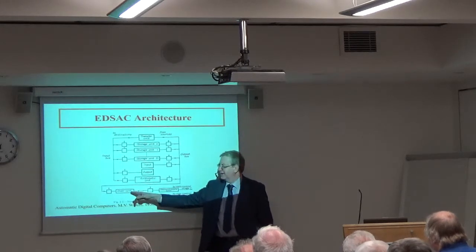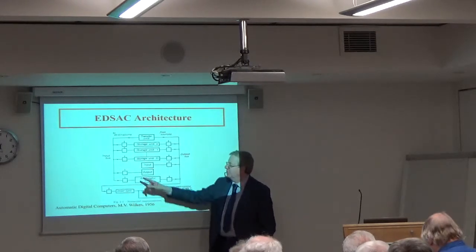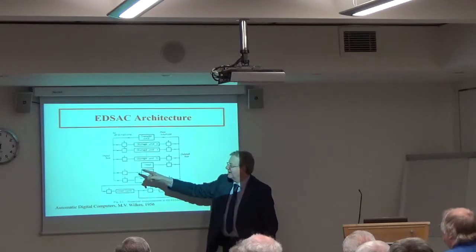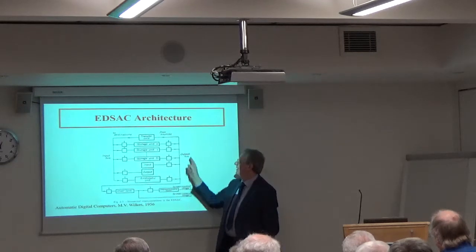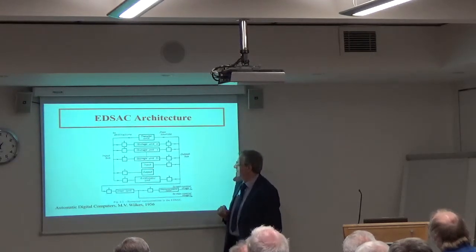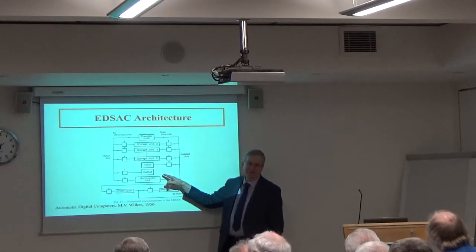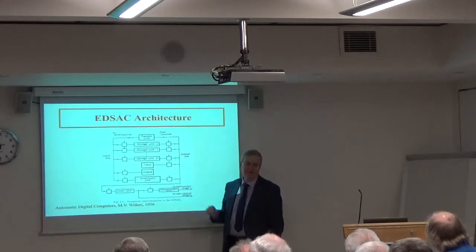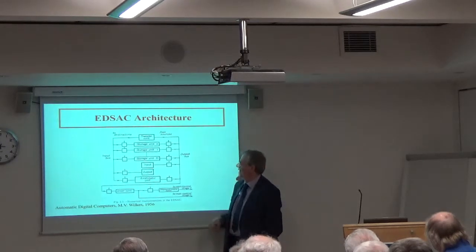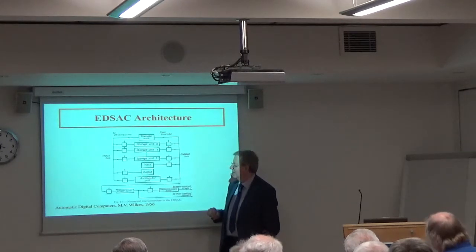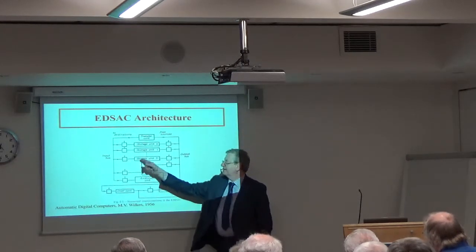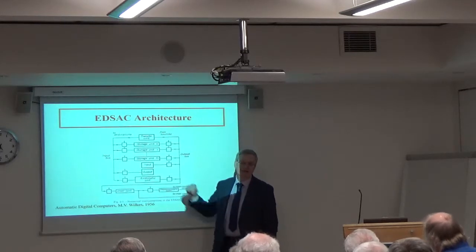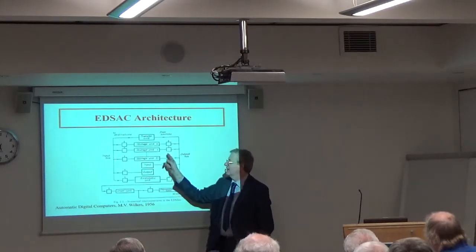Main control decodes the current order and opens and shuts gates, taking input from the input bus through some functional unit and putting it on the output bus as required. The arithmetic unit operates as an autonomous subsystem. You give it a number and say, add this to the accumulator, or multiply the accumulator by this. Output to teleprinter, input from paper tape. The storage system is itself circulating, it's a delay line, and so data is going around the store.